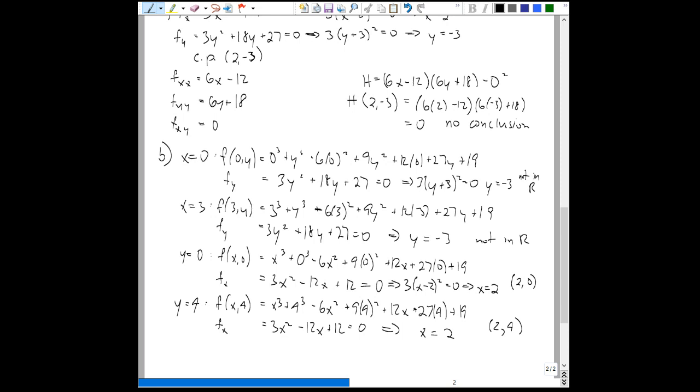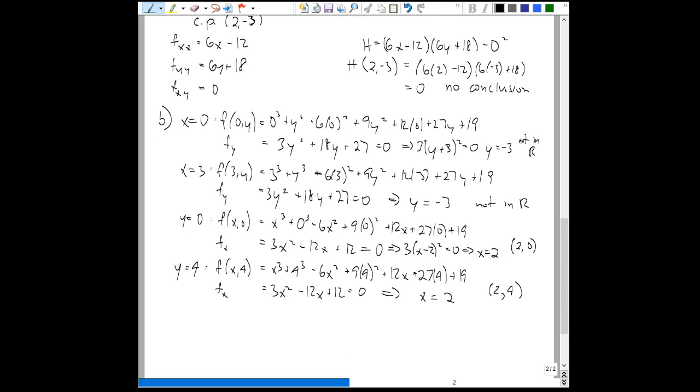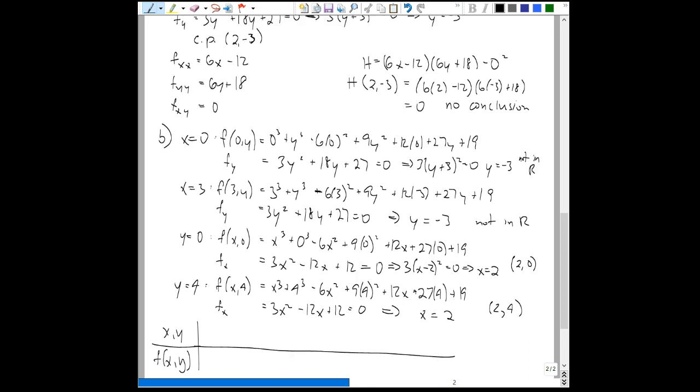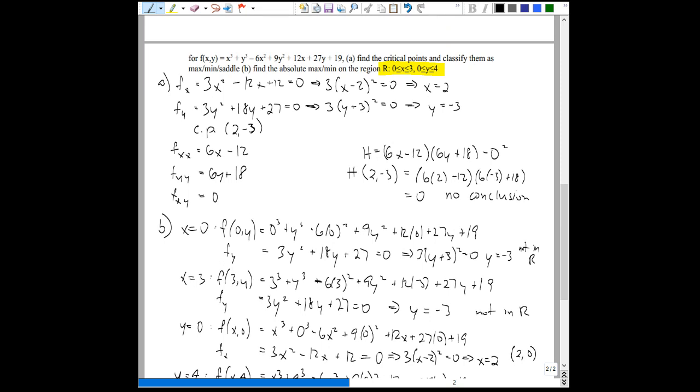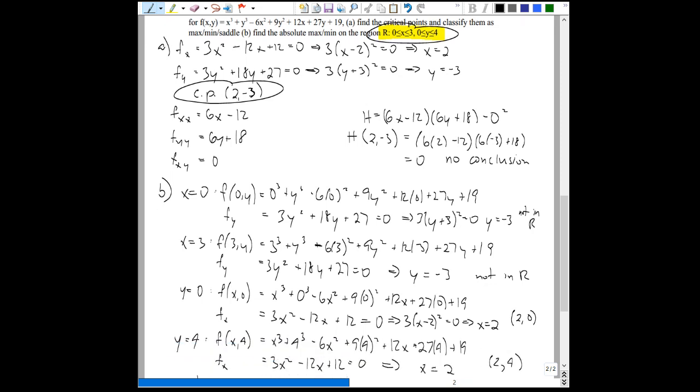So now we've got our local critical points, our boundary critical points, and we'll fill in our corners as well. And we're going to compare them to see which ones give us the absolute min and max. Now, one thing to note is that our local critical point was (2, -3), but (2, -3) is not on our region, so we can eliminate it from finding the absolute min-max.